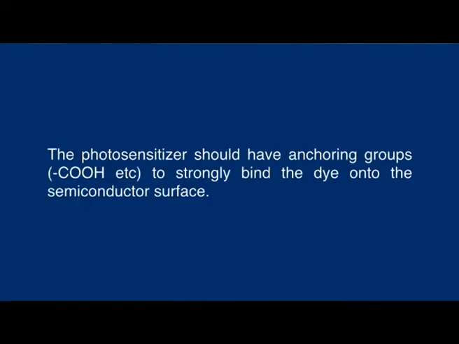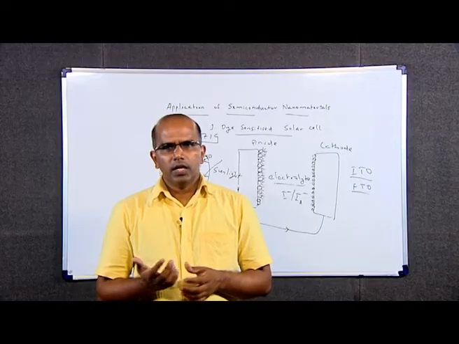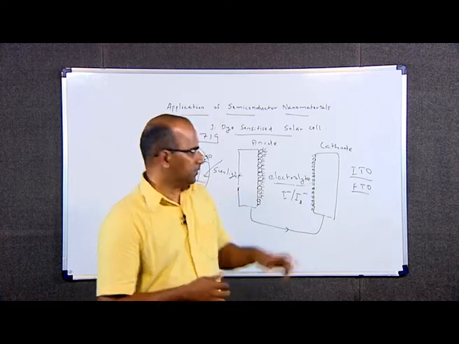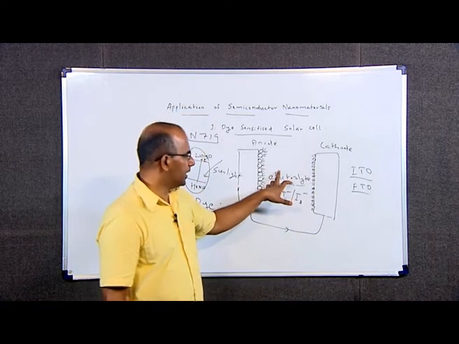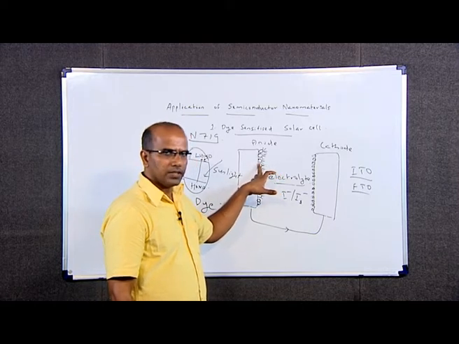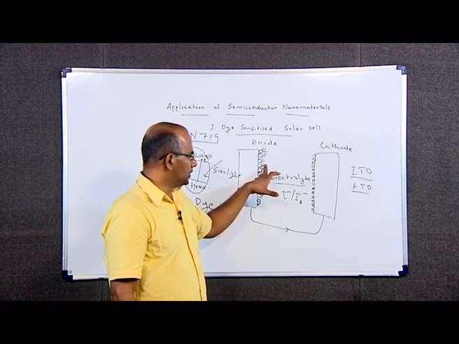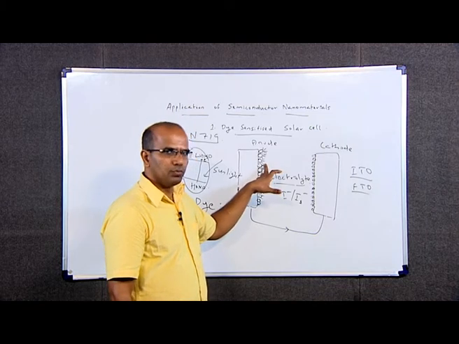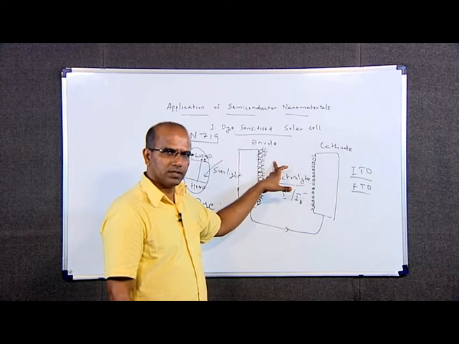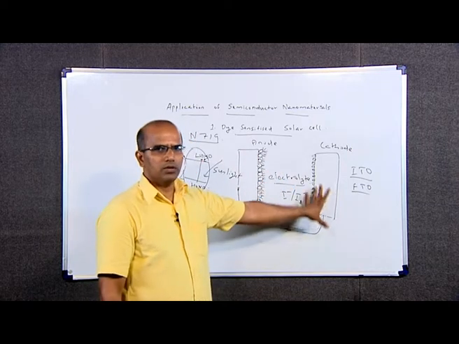And the second one: the dye, otherwise known as the photosensitizer, should have an anchoring group to strongly bind the dye onto the semiconducting surface, because if you look at the schematic diagram here, the dye is attached to the semiconducting oxide. If this attachment is weak, the dye can go off from the semiconducting oxide, and then the whole process will not work.